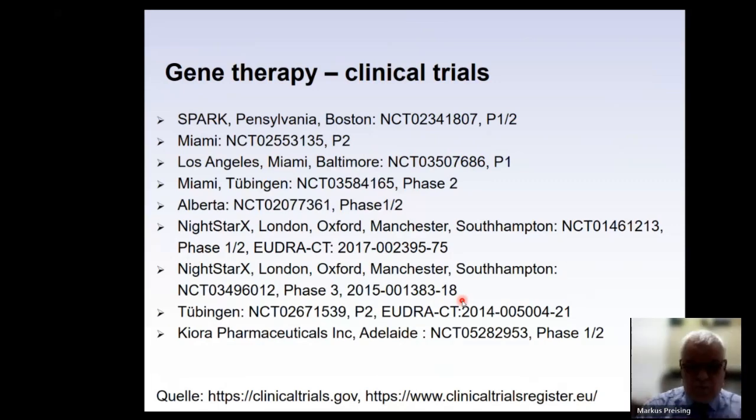The gene therapy trials that have been set up are generally trials of gene substitution.